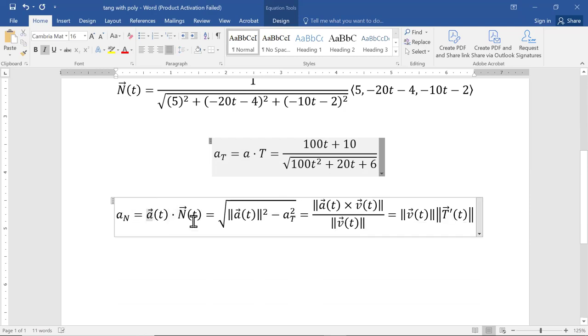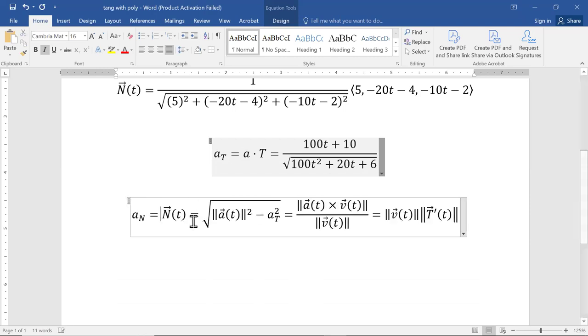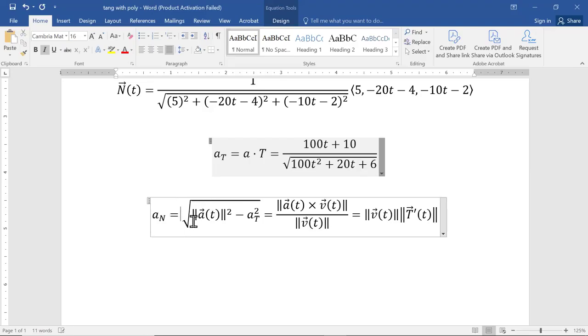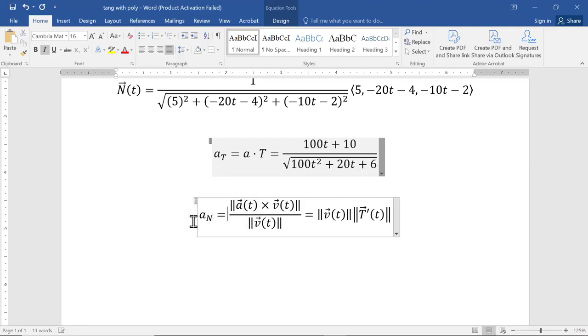So here are the formulas to calculate a sub n. I said we could do the dot product. I'm not going to do the dot product just because we've already done a lot of those dot products. We just did one where we used the square root, so I'm not going to do that one. This one involves the derivative of the unit tangent. That doesn't seem like it's going to be fun to do.